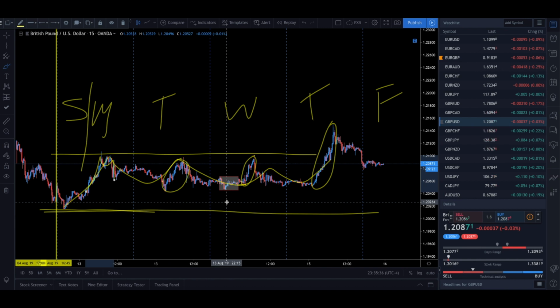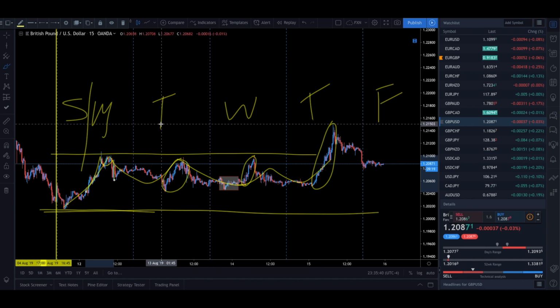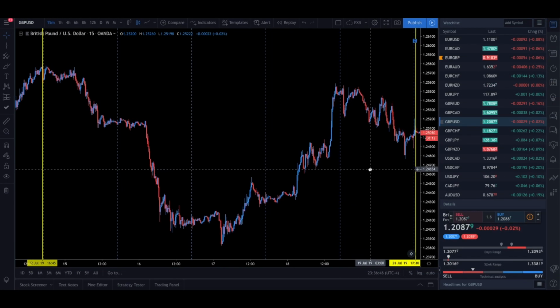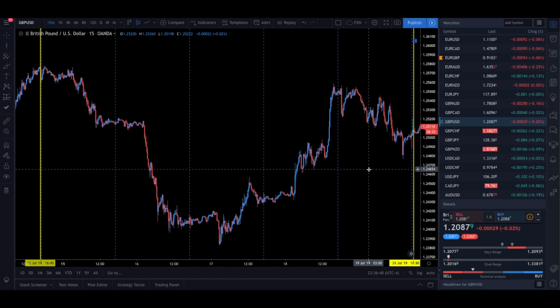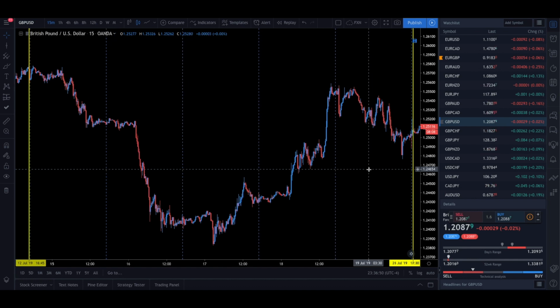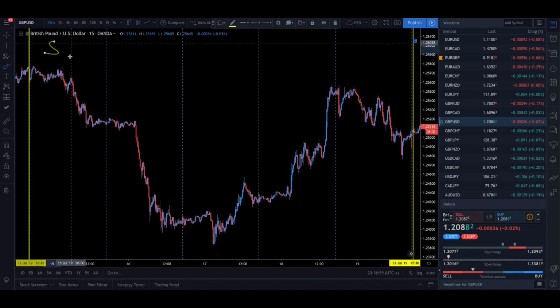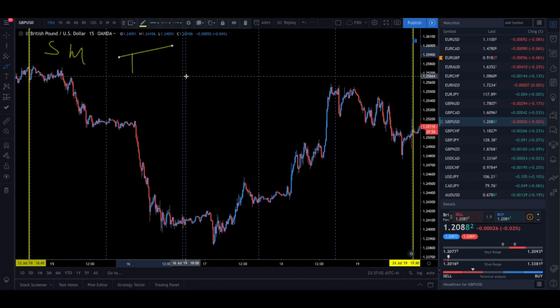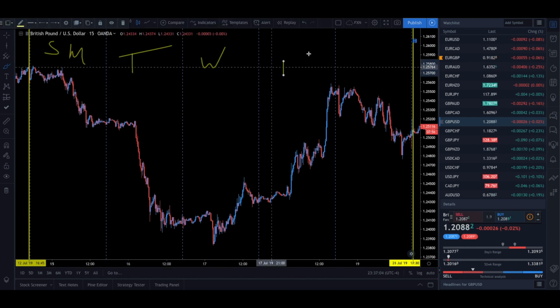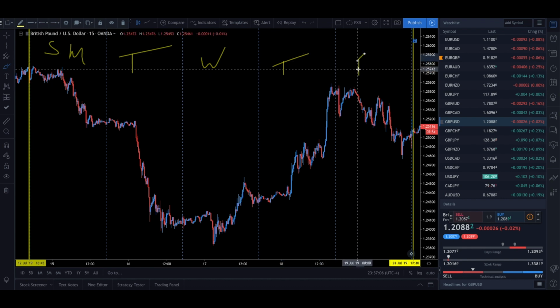All right, so this is basically the first type of pattern that we're talking about. So the second weekly structure that we look for is the one that we know and we love, right? It's the one where here we have Sunday, Monday, Tuesday, Wednesday, Thursday, and then Friday.